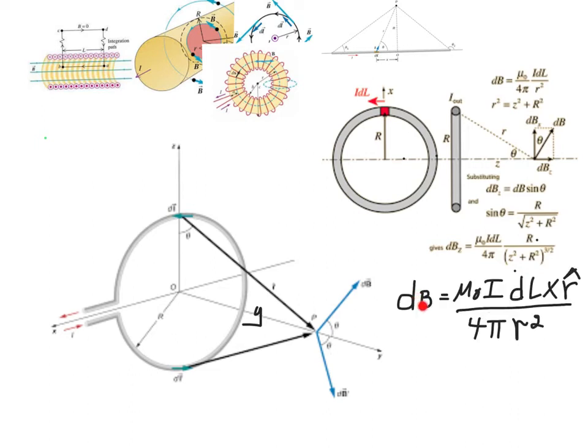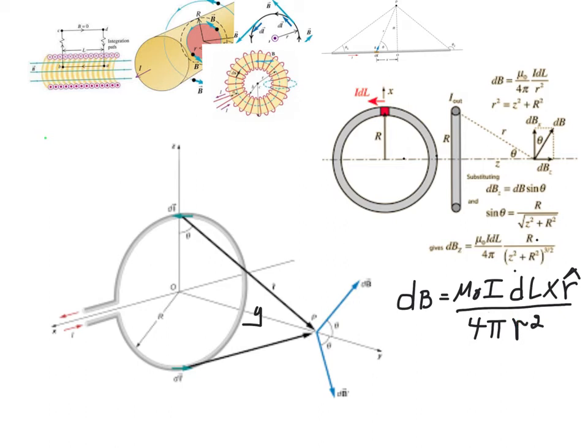So in this case, I'm going to use the differential form that for every dl cross r hat times this, you're going to get a dB. So if we take a dl here and an r hat here, it's a little hard to visualize, but these are perpendicular to each other. Even though this is going down, the angle between the dl and the r hat is 90 degrees, so that's the sine of 90, which is 1.